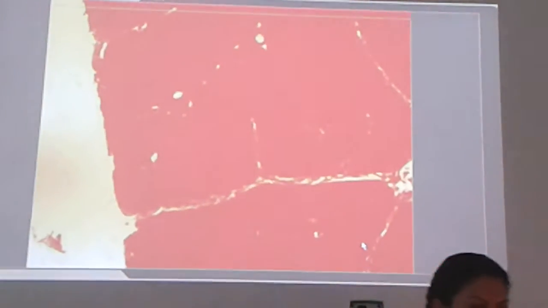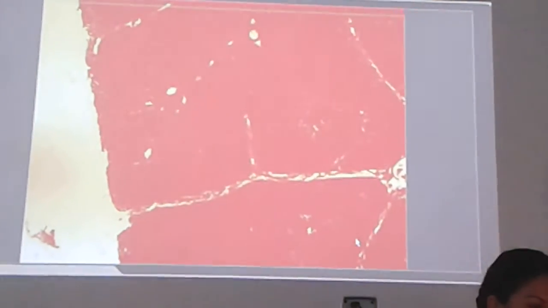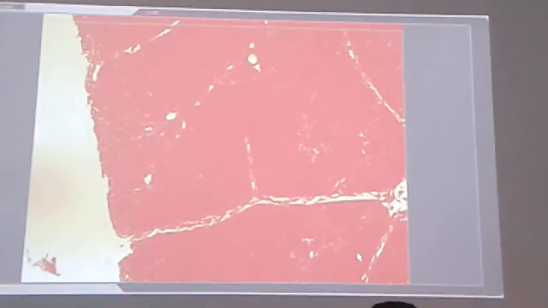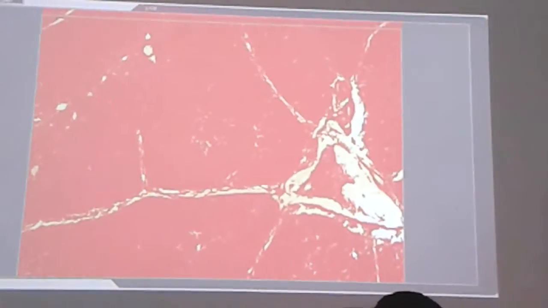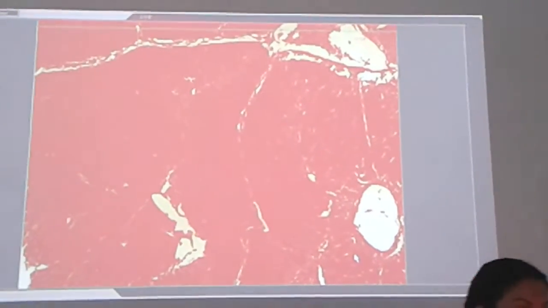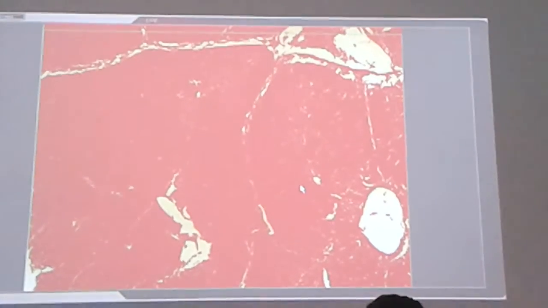I think you are familiar with the liver slide. I assume we've shown you in your first year. The classical liver lobule is hexagonal in shape.